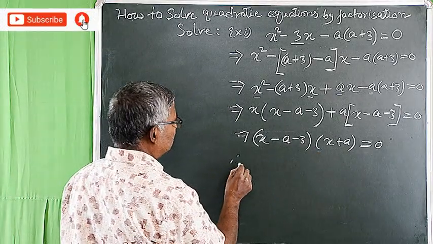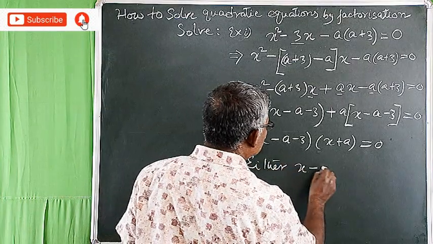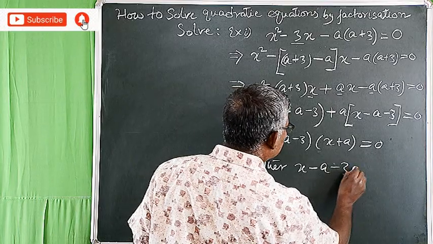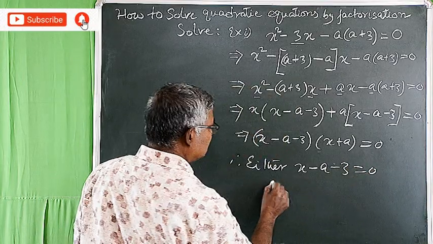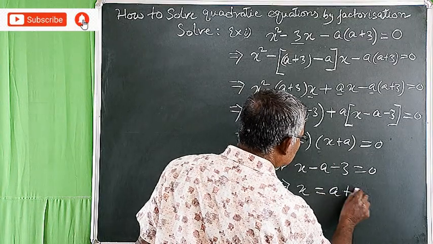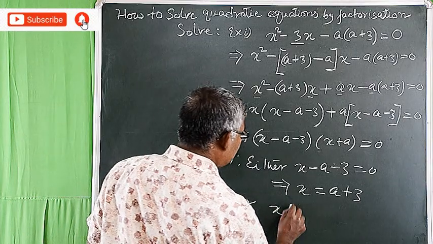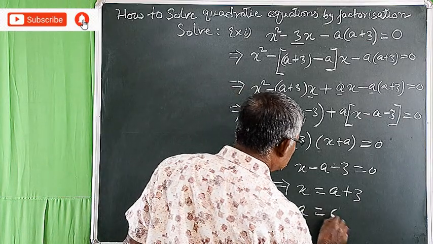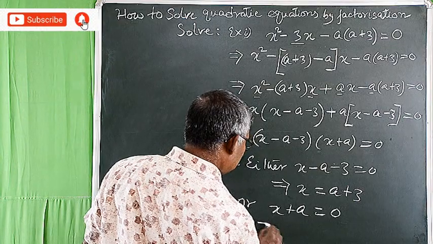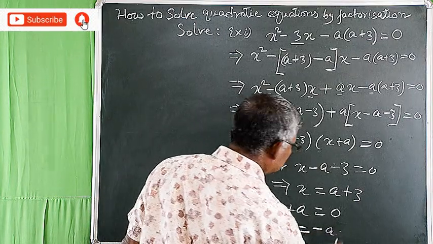Therefore, either x minus a minus 3 equal to 0. This implies that x equal to a plus 3, or x plus a equal to 0. This implies that x equal to minus a.